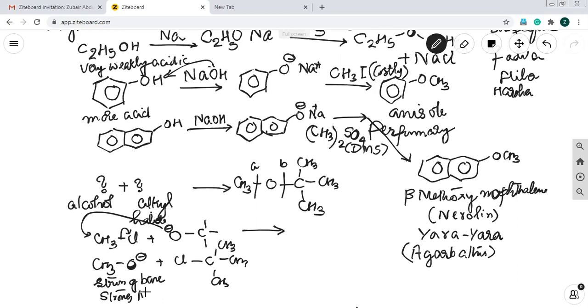Now, here is a tertiary alkyl halide. If you want to get this product, this nucleophile has to attack on this carbon, and not in this direction.